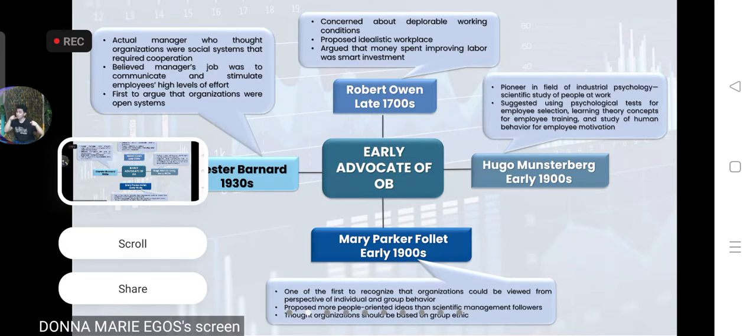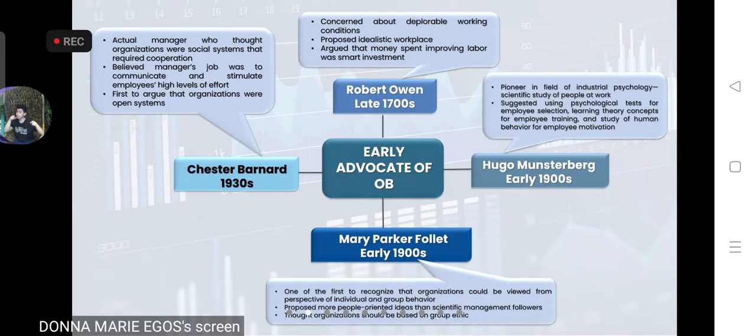So early OB advocates. First is Chester Barnard in the 1930s. He was an actual manager who thought organizations were social systems that required cooperation.